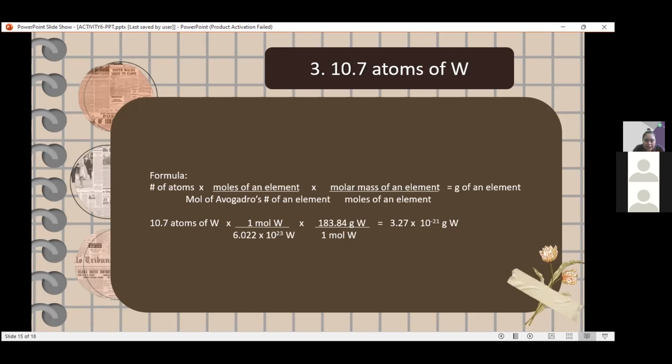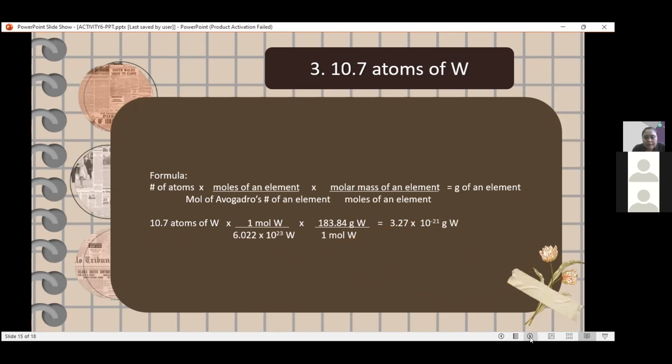It should be 184 divided by 6.0221 times 10 raised to the power of 23 is 3.26 times 10 raised to the power of -21 grams of tungsten. So, kung ganito lang kakonte yung atoms mo, all the atoms will weigh 3.26 times 10 raised to the power of -21 grams. Masyadong maliit.